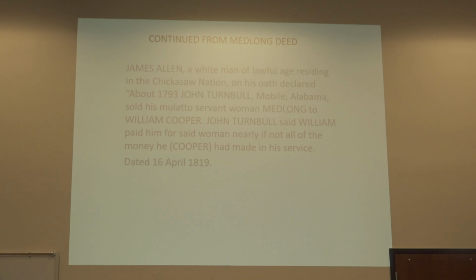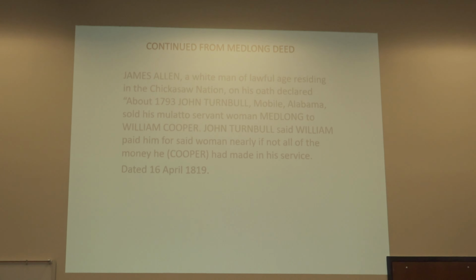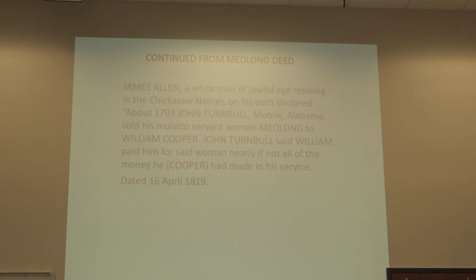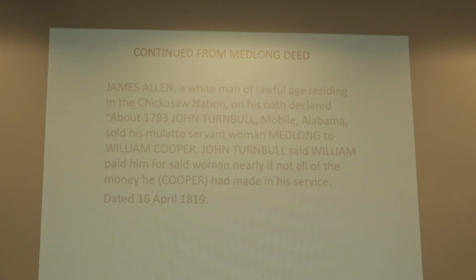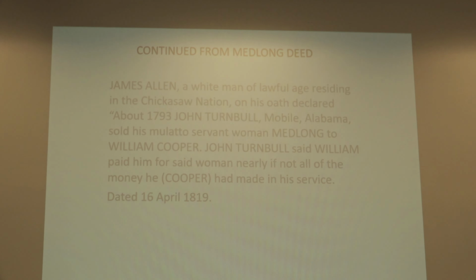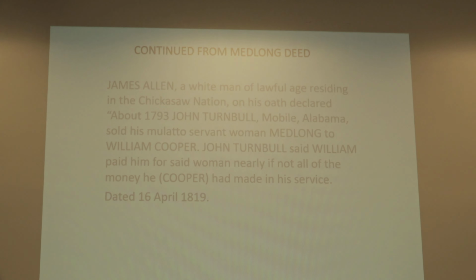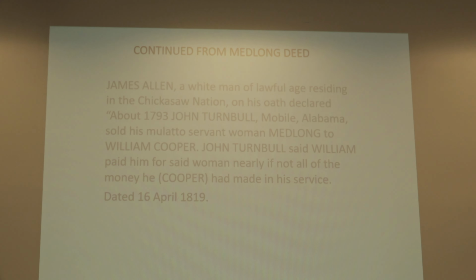And she's had all these children, and he's coming back and saying, I want her back because he bought her on false pretense. And I want all the children that she's had too. Yeah. So when I tell you genealogy is fun, you never know what you're going to run across. So this is 1819.